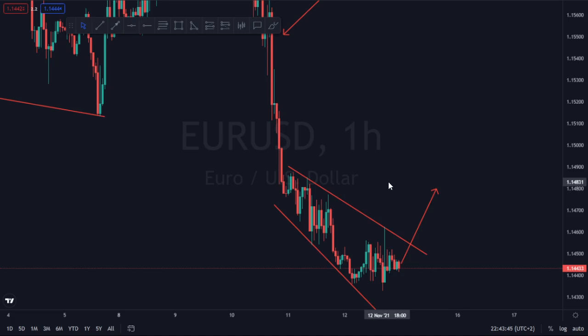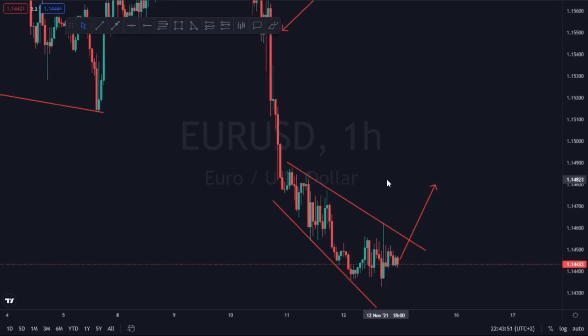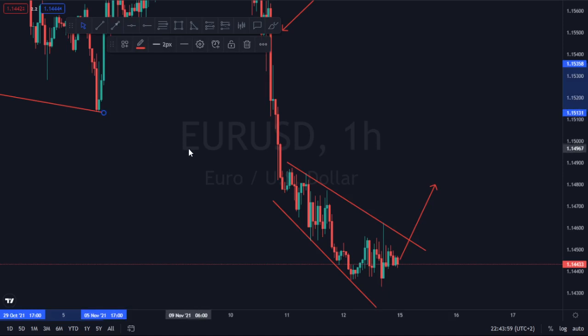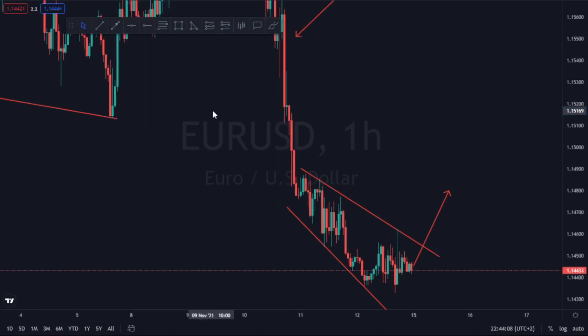Like I said, guys, I usually take trades on 1 hour, but from the 1 hour I can move down to a lower time frame like 15 minutes. 15 minutes is the lowest time frame I go to. I don't go lower than 15 minutes. It's either 1 hour or 15 minutes. Those are the two time frames I like taking my trades on.